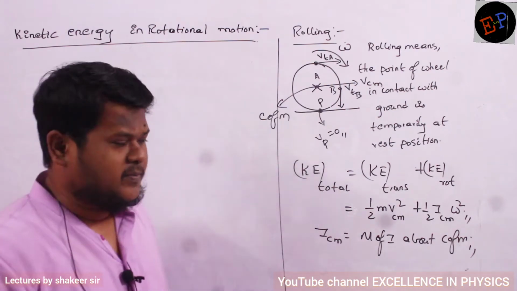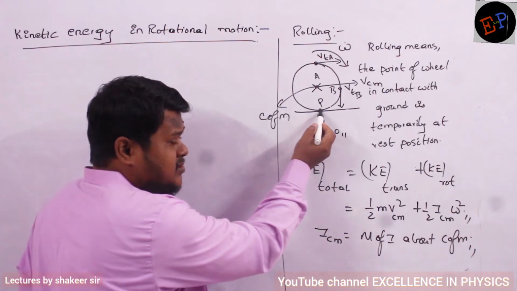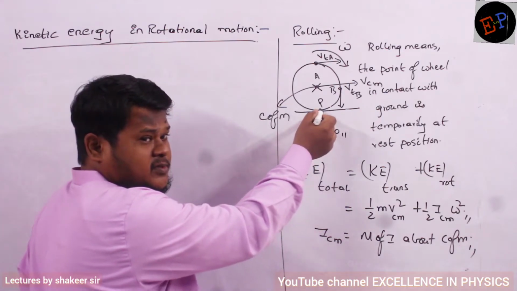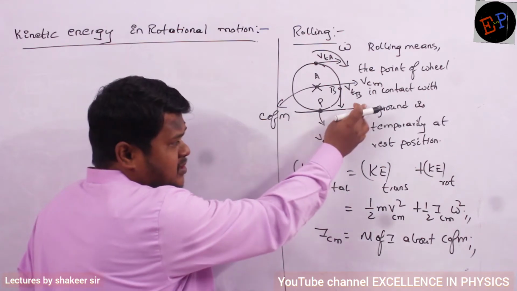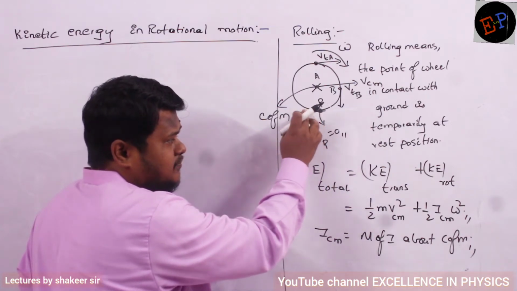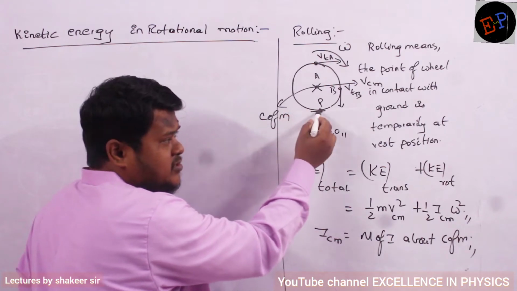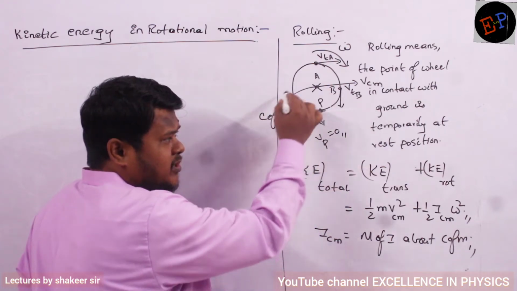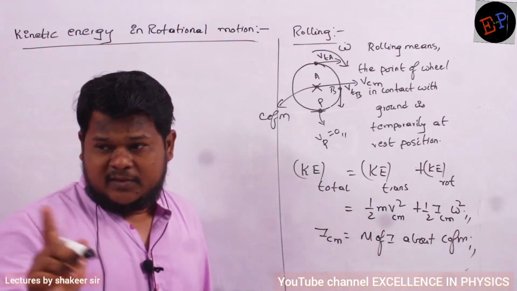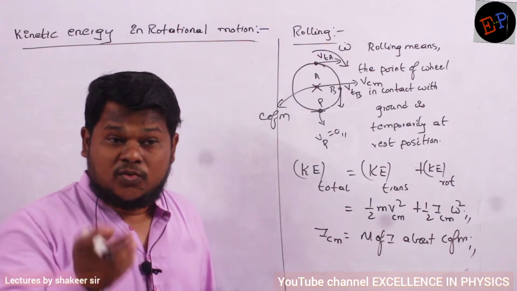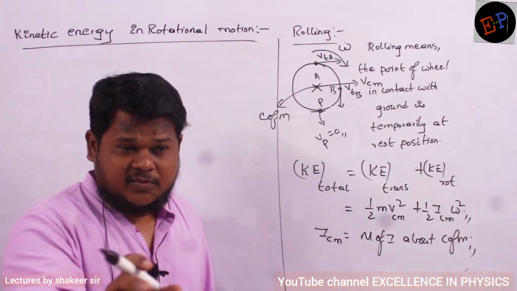The axis will always be in rest position. If you take this point as the axis of rotation, then I can assume that this body is totally rotating about this axis. Then the body does not have translational motion; it has only rotational motion.